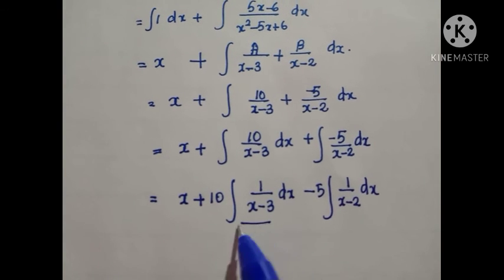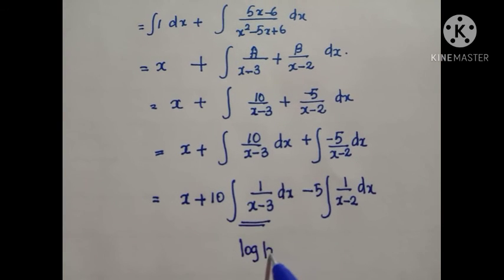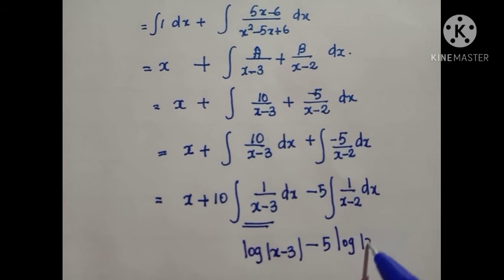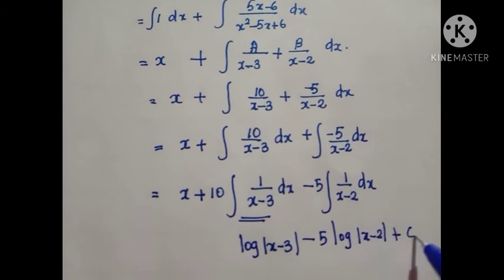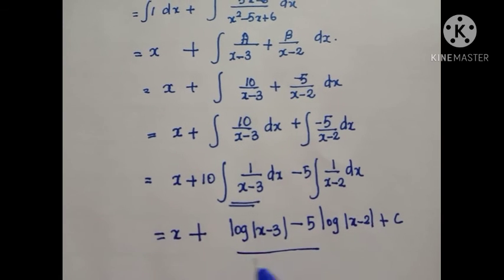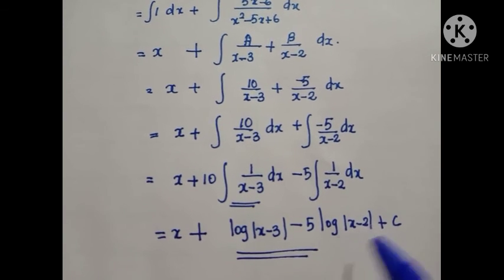So here the integral is log|x − 3| and here log|x − 2|. Okay, this is our answer: x + 10 log|x − 3| − 5 log|x − 2| + c.